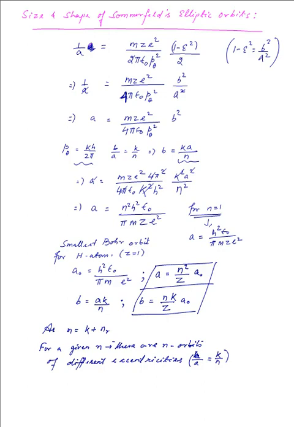Now for z is equal to 1, we have n is equal to 1. Considering that, we can take k to be equal to 1. Remember, k can take n number of values. Now if we put k is equal to 1, n is equal to 1 in this equation, the eccentricity reduces to 1. So we have a equal to a0, and if we check for b, that is also equal to a0.